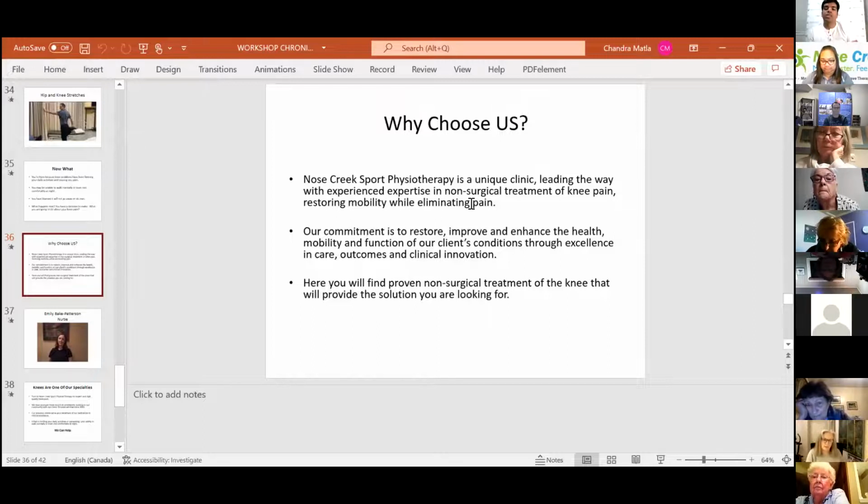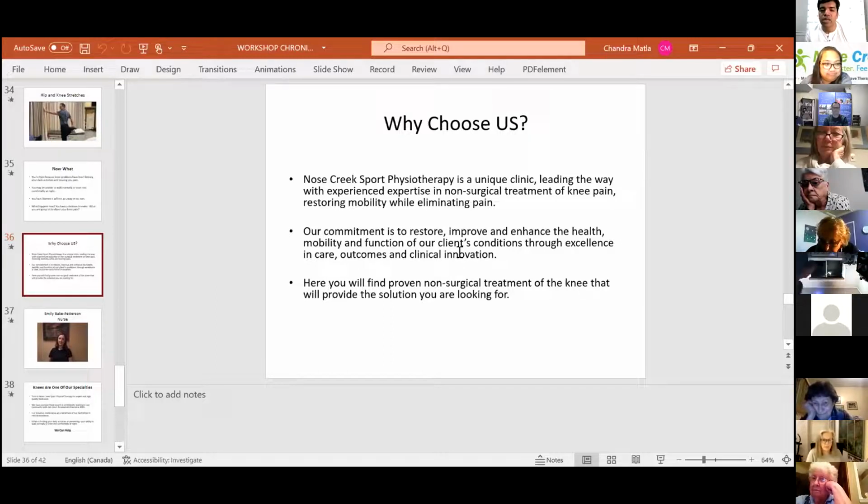We have wonderful treatment protocols which have been working for knee patients. As I said before, knee problems are one of the common areas we have been seeing from the past. Blair started this clinic 22 years back, right?